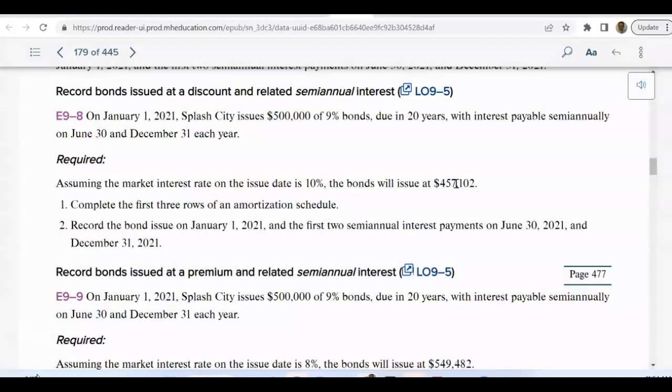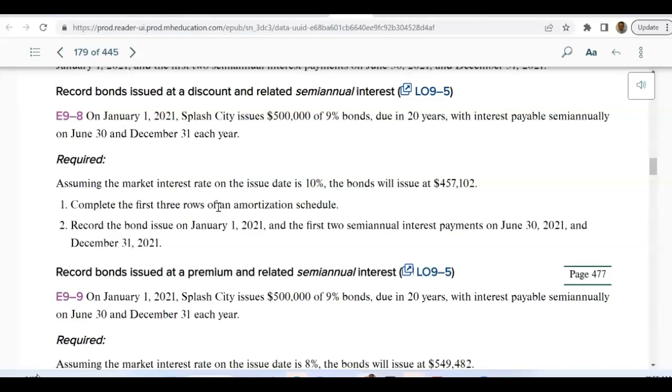The next thing is the $500,000 that they're going to receive 20 years from now. You have to convert that into present value. So two present value conversions: the present value of the annuity using the ordinary annuity table, and then the present value of $1 one time, which is the $500,000 today. So two things need to be converted to present value, and then you add them together, and it ends up being 457,102.